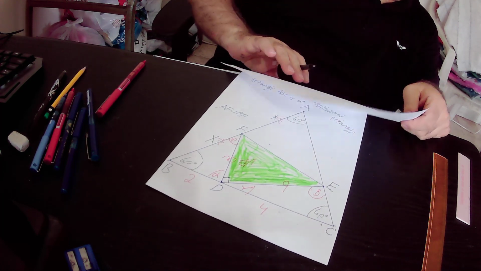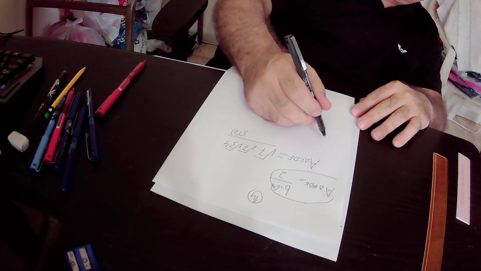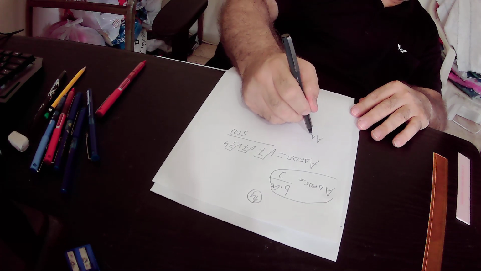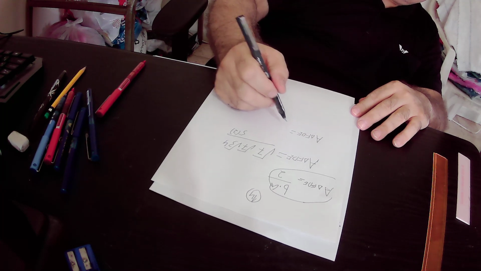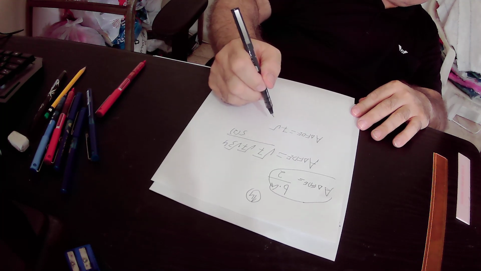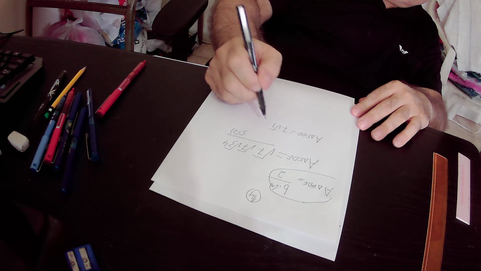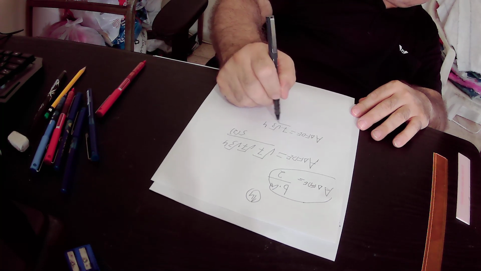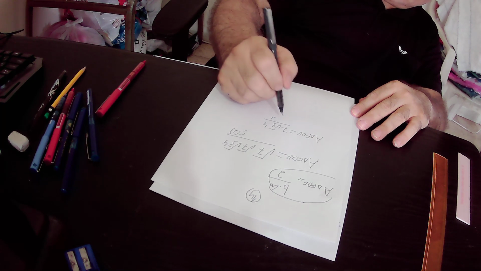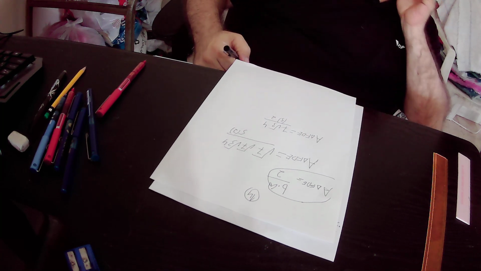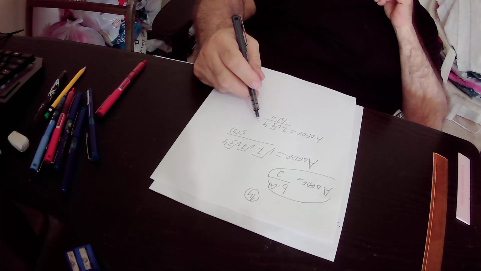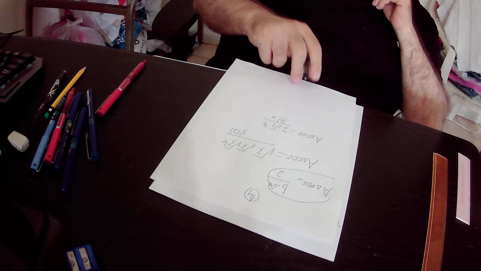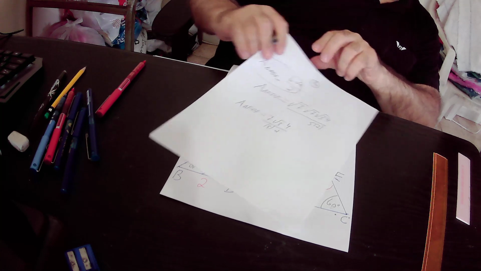So the area of the green triangle FDE equals 7 times root 3 times 4 over 2 times 5. 4 over 2 is 2, so I write it down. Here 4 over 2 is 2.